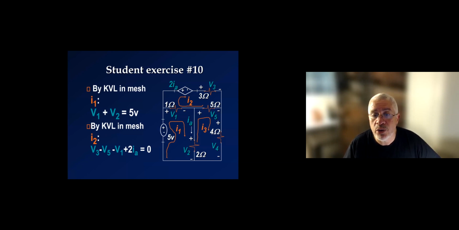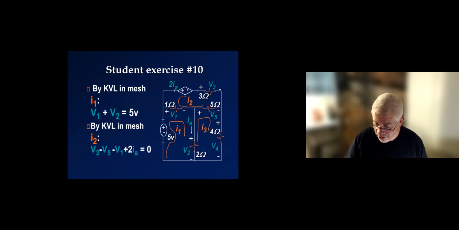Similarly, for mesh I2, I can start here. I go 2IA plus V3 minus V5 minus V1 equals 0. The first sign that I find for the voltage, I put it as the sign of the voltage as I go around. Those are my 2 KVL equations.